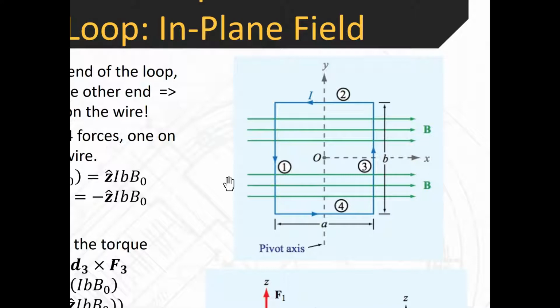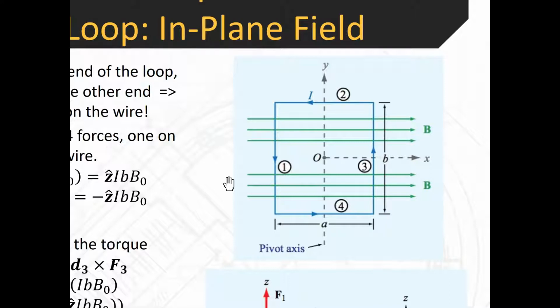It's U cross B. So U is going down, direction of the current. B is going from left to right, like this. Thumb points in the direction of the force. So the force on the first segment of wire is coming out of the page. How about segment 3? It's going into the page.